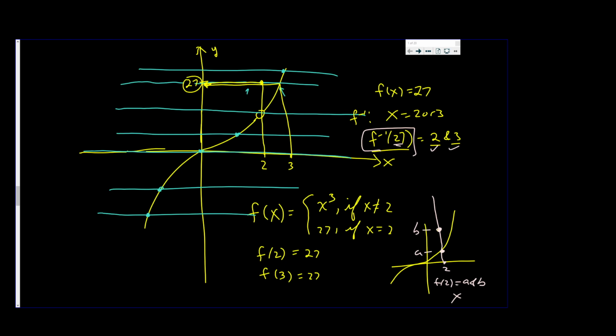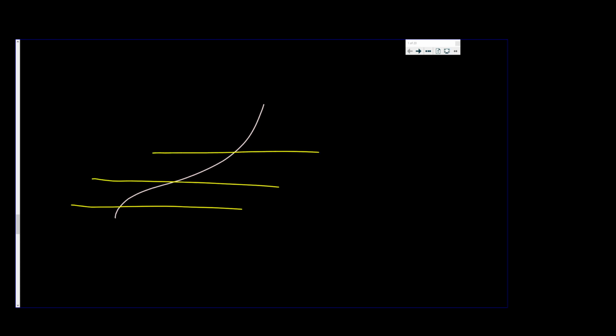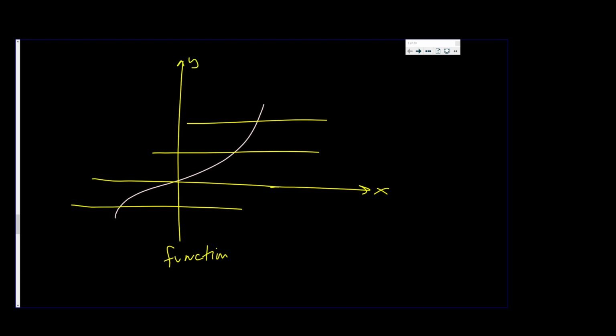So let's look at this from another viewpoint. This here is a function because it passes the horizontal line test. It's a function, and maybe this was the axis.